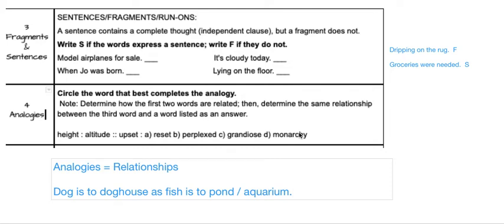That might give you a big clue as to the relationship between height and altitude. They are what? Synonyms. Okay? So now we have to find a synonym for upset and figure out which one of A, B, C, or D is the best choice. And then you're going to underline the correct answer. Okay?